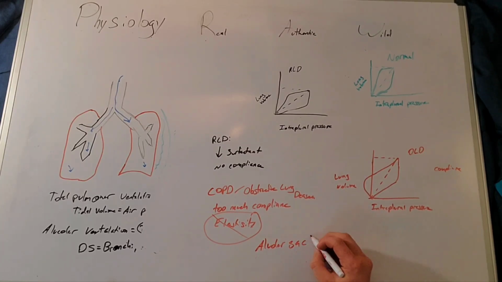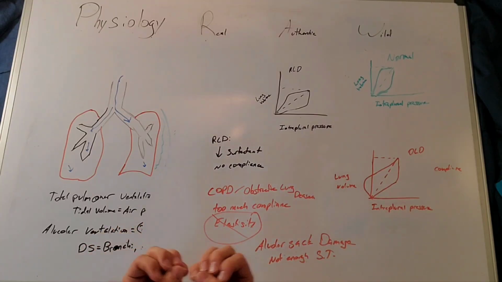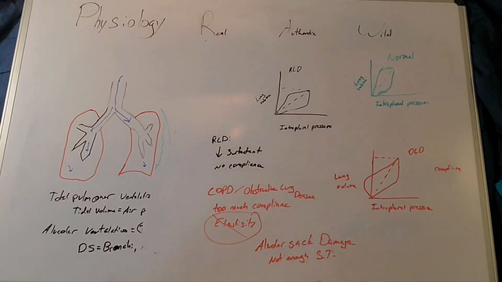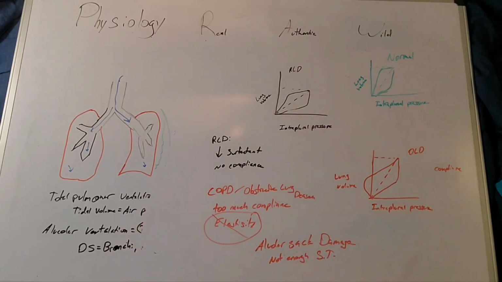Alveolar sac damage, and so it could be not too much surfactant, but not enough surface tension. And so if your alveolar sacs are damaged and they start combining, now you have a bigger sac, but there's less surface to have surface tension.